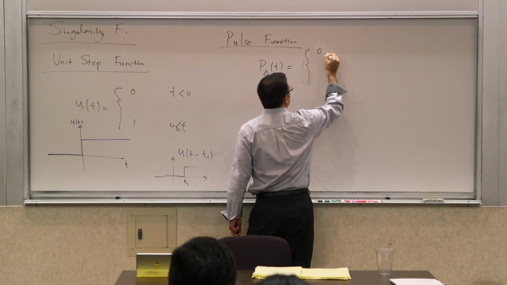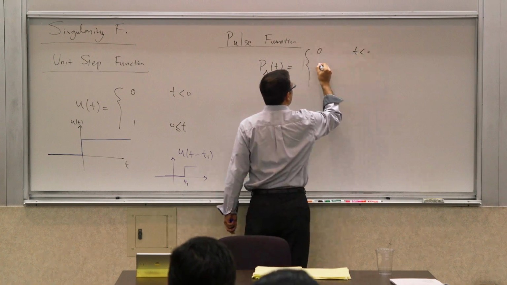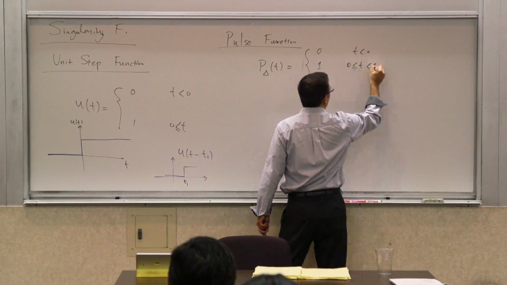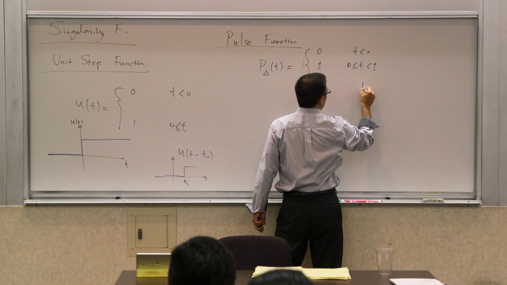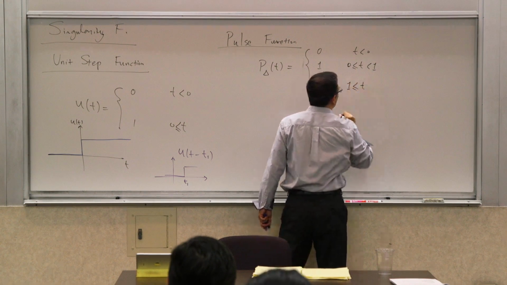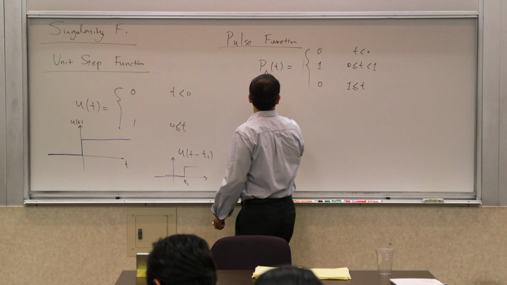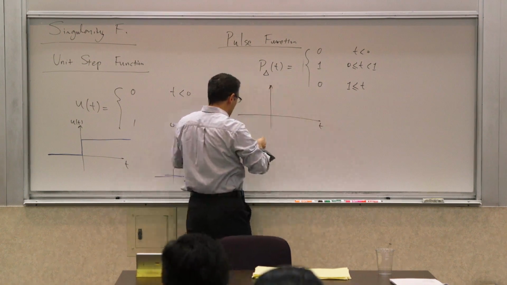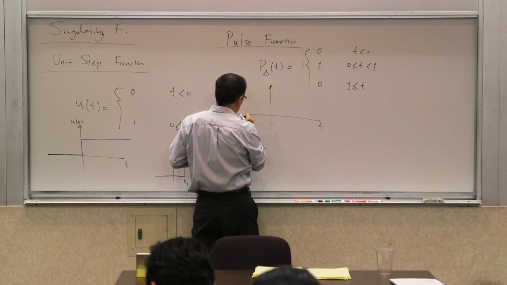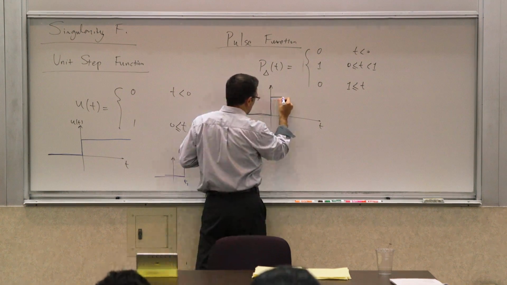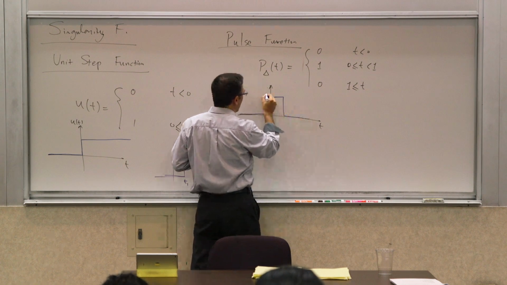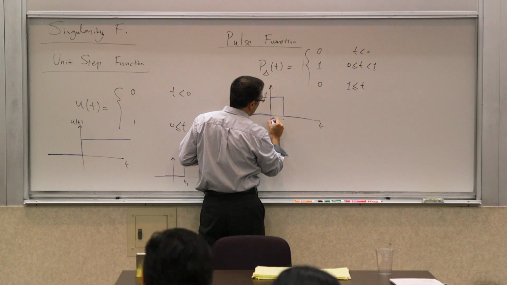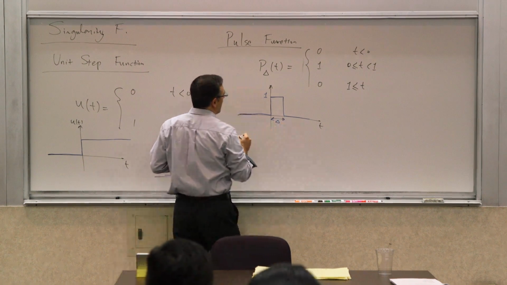You could define it as being 0 for t smaller than 0, being 1 for t greater than or equal to 0 and smaller than 1, and again being back to 0 for t greater than or equal to 1, which basically would look like this. So if this is the function of time again, this is the unit pulse, which has a width of delta and the height of 1.